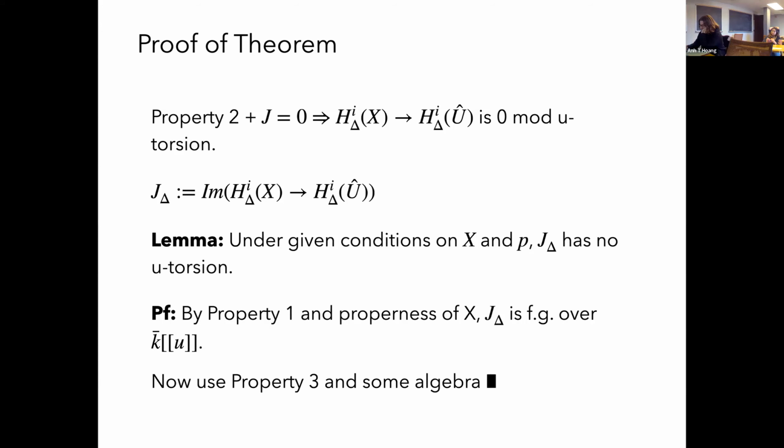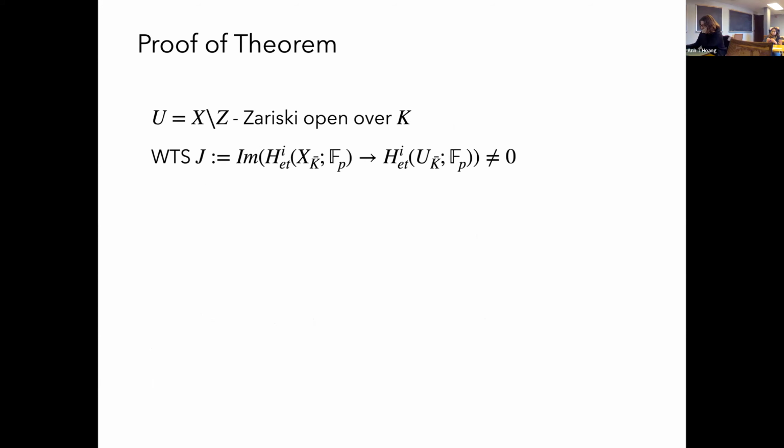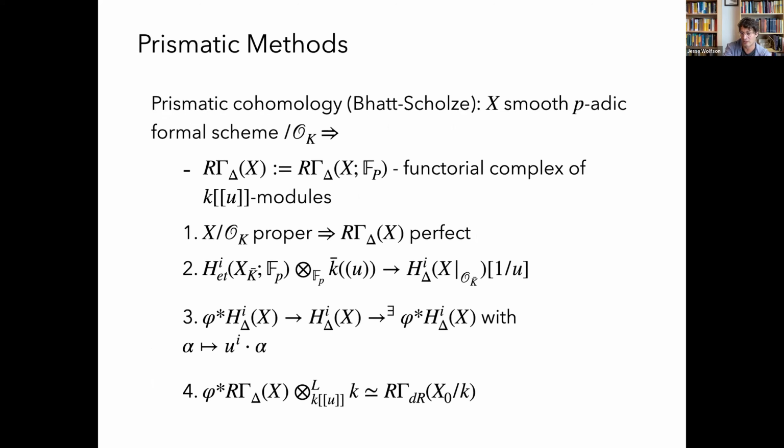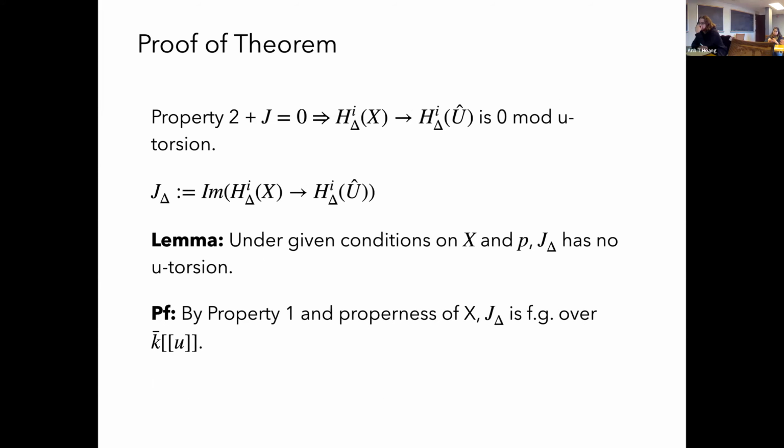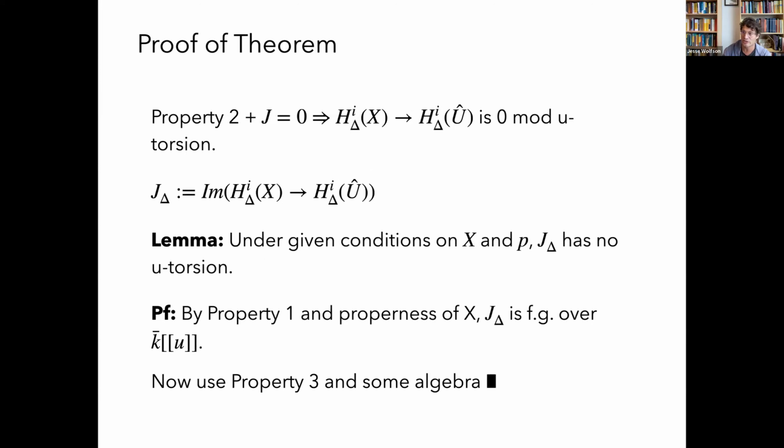And then property 3 said that we can completely control what Frobenius looks like in degree i cohomology, and it's just multiplication by u to the i. So once we have finite generation, we say, assume that there was some torsion, and then because it's finitely generated, there's some least exponent such that that exponent kills everything in the torsion.